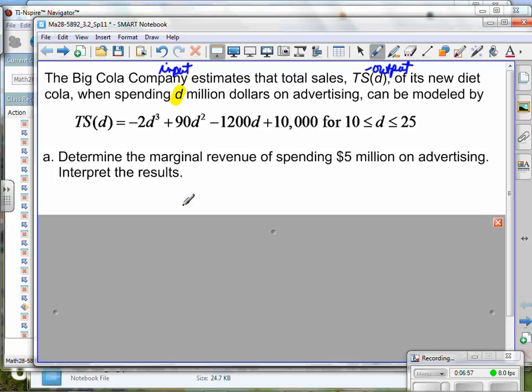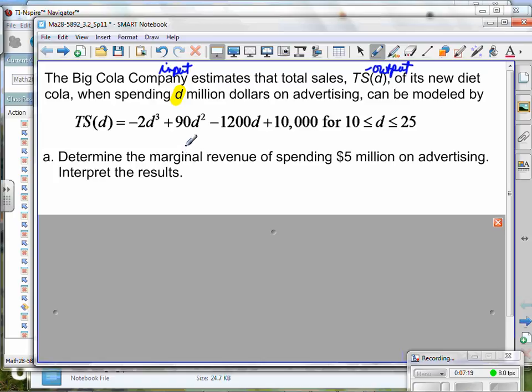Okay, so determine the marginal revenue. Now this is not saying the revenue, this is saying marginal revenue. So what's that got to do with calculus? Marginal revenue. You're in groups.